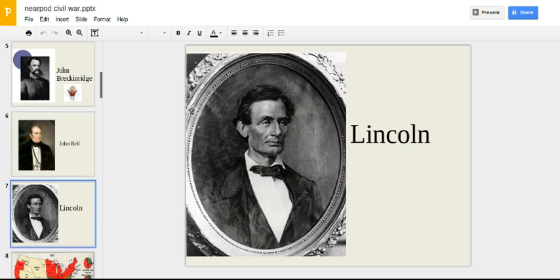Now, what I always like to point out is that Lincoln today is on the $5 bill. He's a 30-foot granite statue in Washington, D.C. He's widely considered to be America's greatest president. But in 1860, Lincoln wasn't even considered to be the most notable person of his own political party. He was very savvy when it comes to politics, and he was able to win the nomination.